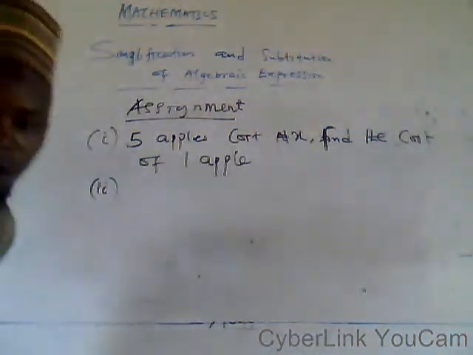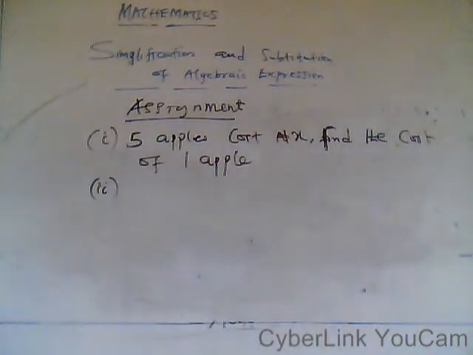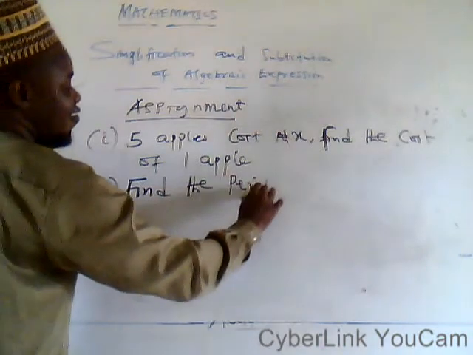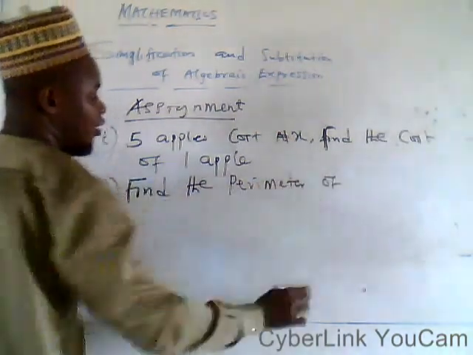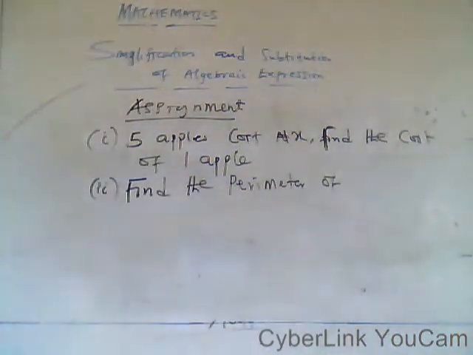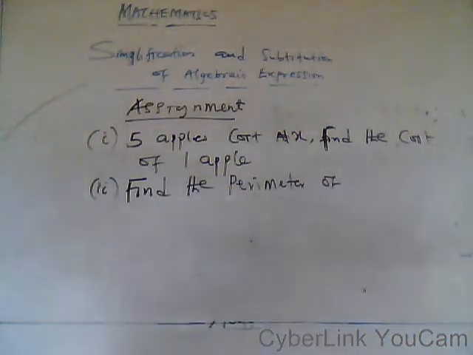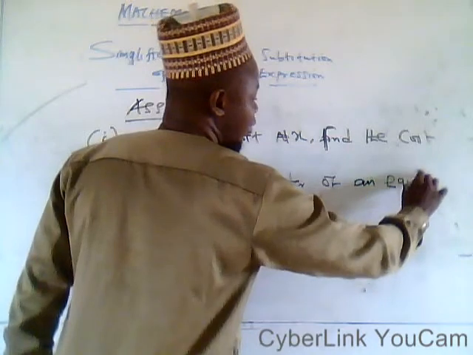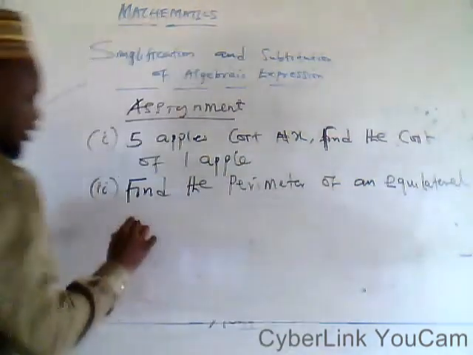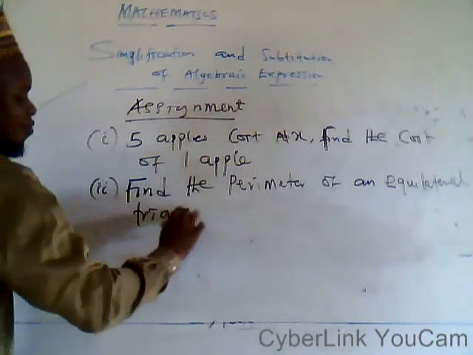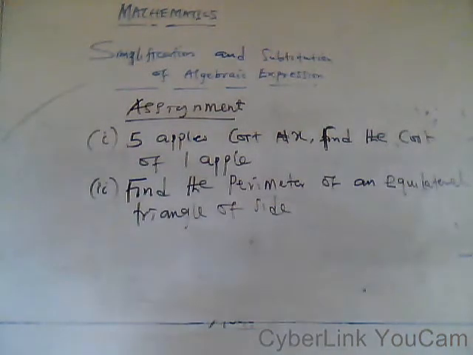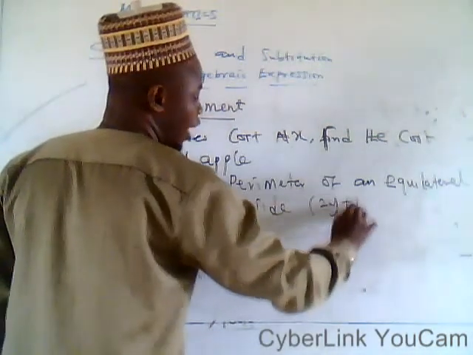For the second one, you are told to find the perimeter of an equilateral triangle of side 2y plus 1 cm.